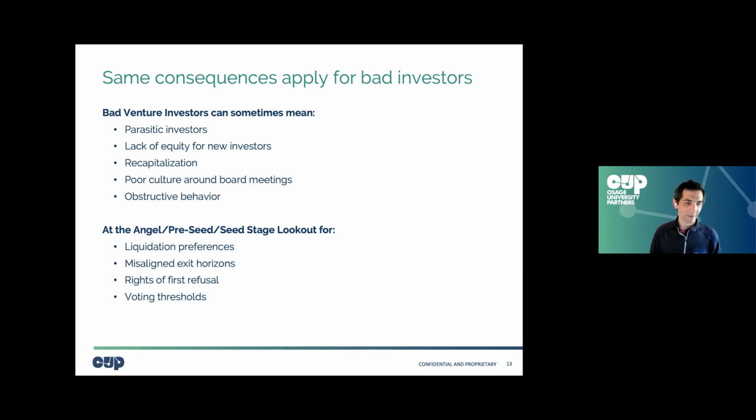If you have a 2x liquidation preference at your seed round, then you should expect that any investor thereafter is going to want the same thing. Sometimes that is very, very detrimental to the future of a company. So always watch out for terms that may stick around for the long run. And read Venture Deals by Brad Feld.